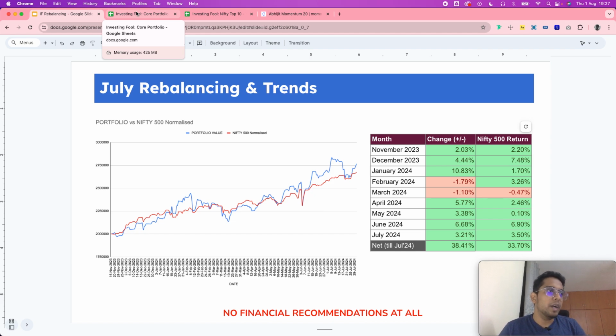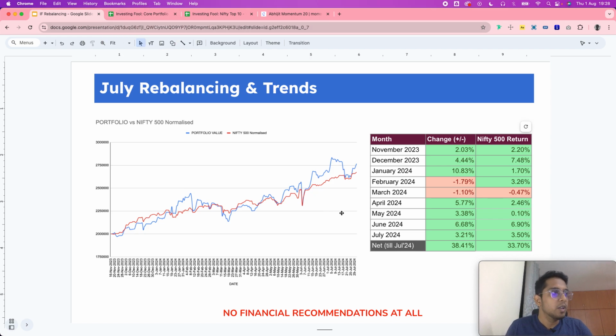But that absolute value doesn't matter. The percentages matter: how much something is moving versus how much something else is moving. All those things are material. How much is invested can be anything. It can be 50,000, 1 lakh, 20 lakhs, or 1 crore per stock. That doesn't matter.